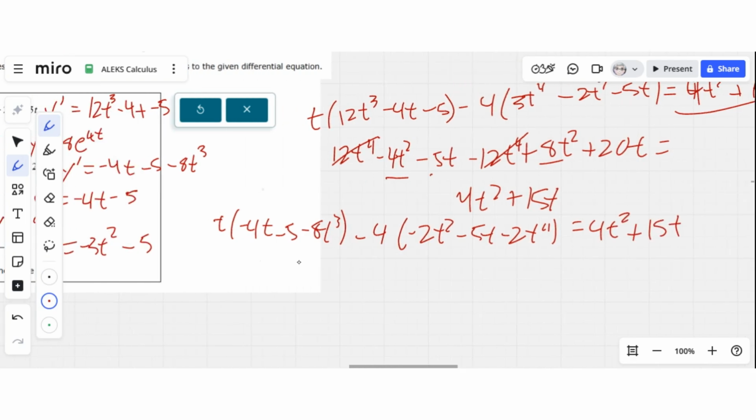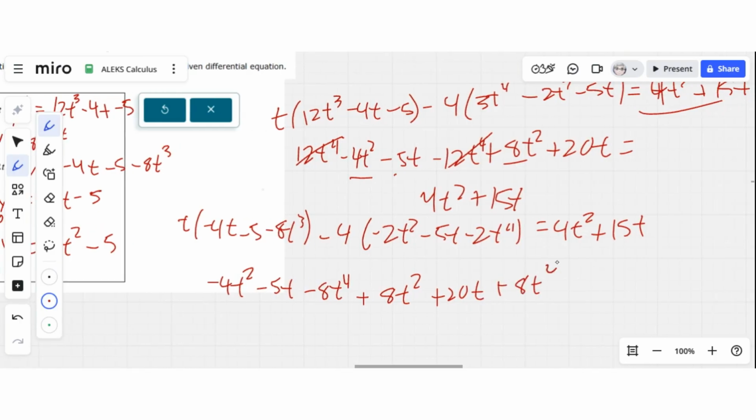Okay, again, we'll multiply through the t, so negative 4t squared minus 5t minus 8t to the fourth, and then, multiplying the negative 4 through here, plus 8t squared plus 20t plus 8t to the fourth.